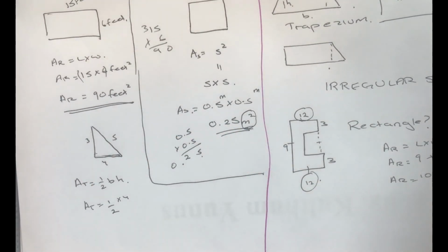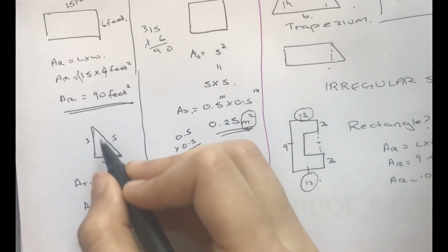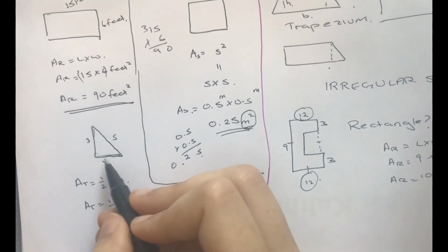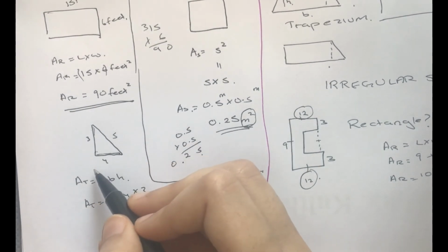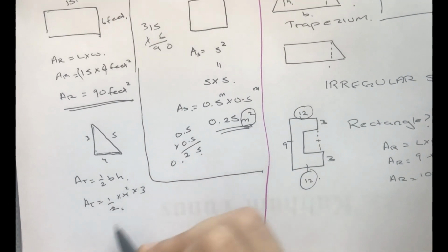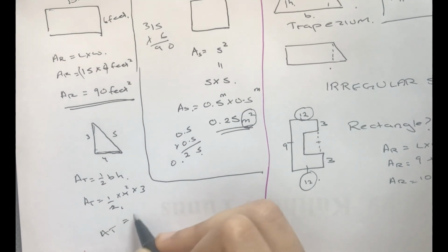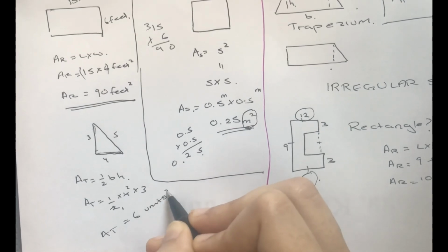The height is how tall the triangle is, so times 3. You do not need this side, just ignore it. The only things you need are the base and the height. If you solve this, it will simplify. So now we have 2 times 3 times 1, that is 6. The area of the triangle is 6 squared units.